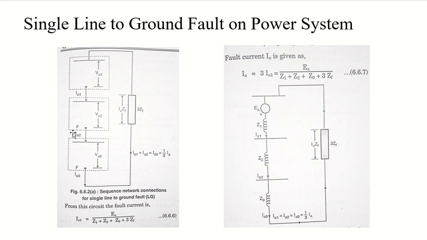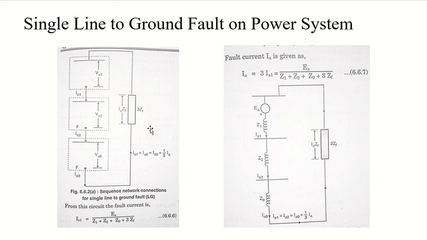And here I have IA1, IA2, and IA0, and we are connecting it with 3 ZF. And what will be the value of IA1? IA1 will be 1 by 3 into IA, where IA is basically my fault current. So based on this circuit, we derived the formula for IA1. You can do that too.